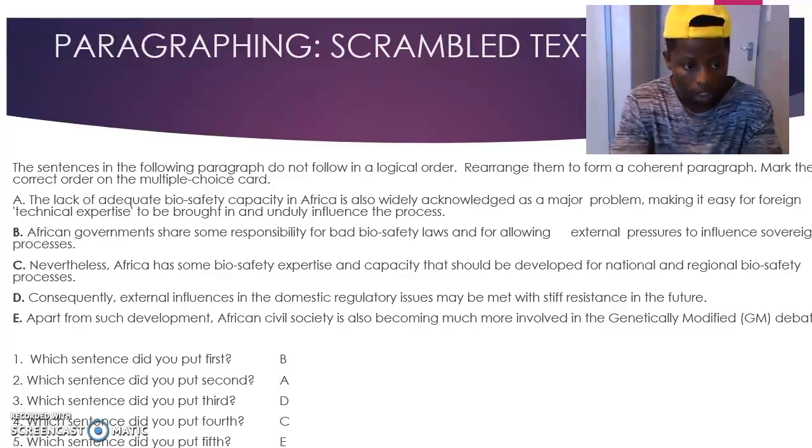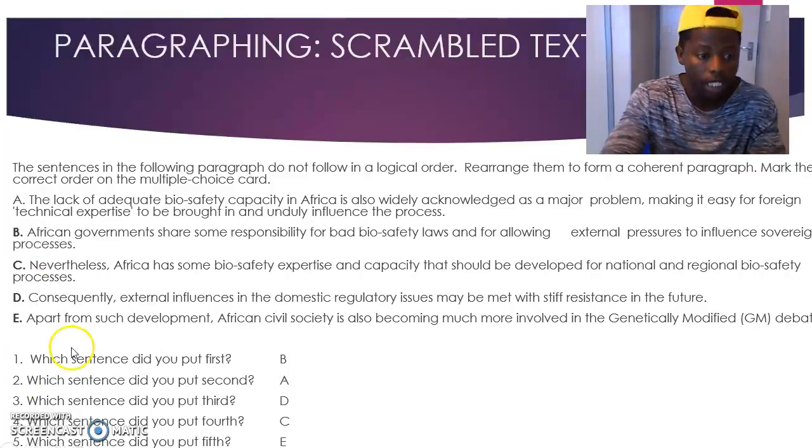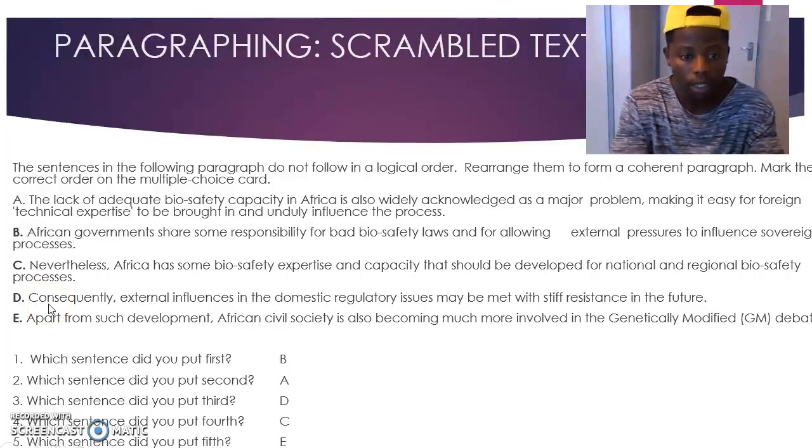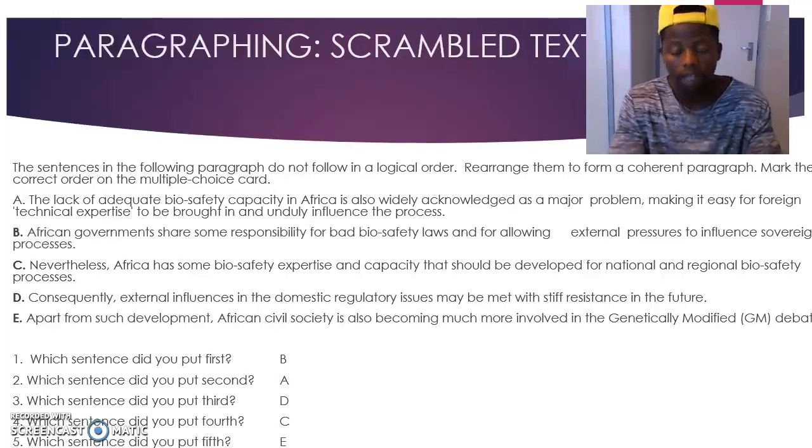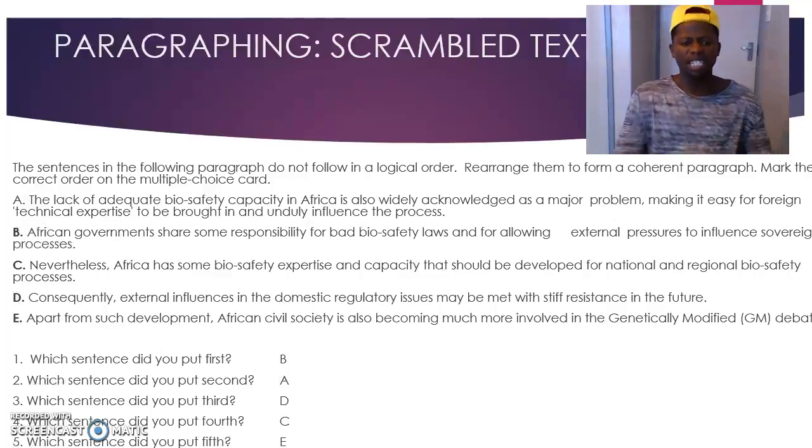The third one, number 3, says that consequently, external influence in the domestic regulatory issue may be met with stiff resistance in the future. Now already we can see that we know what we are talking about. We started with the main, then the developing and the additional, and this sentence also has the conclusion.